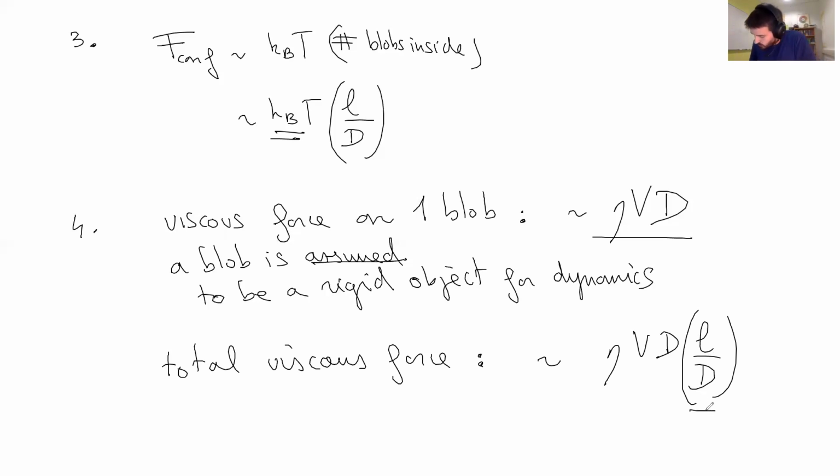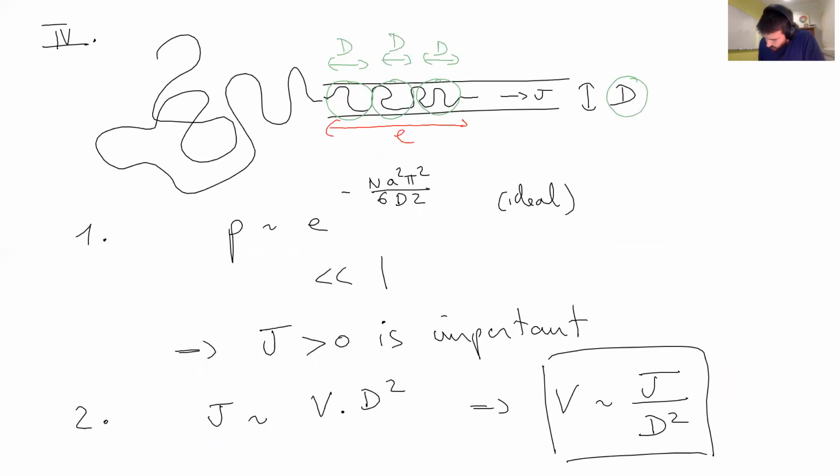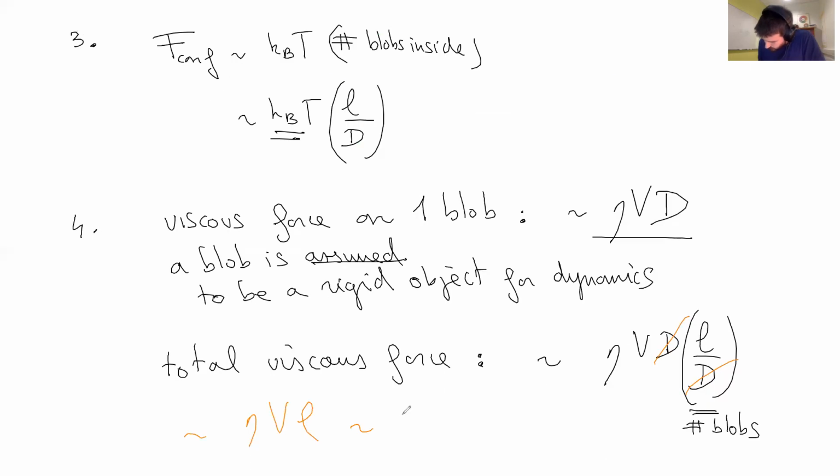So I just multiply by the number of blobs inside. All right, so there's a simplification going on here. D doesn't matter. But I can also transform v as J over D squared, to make D appear again, times L.